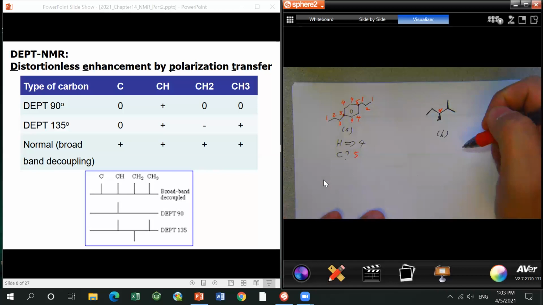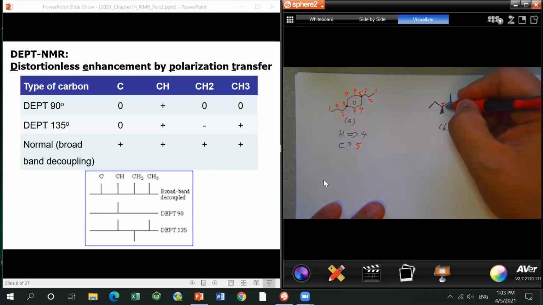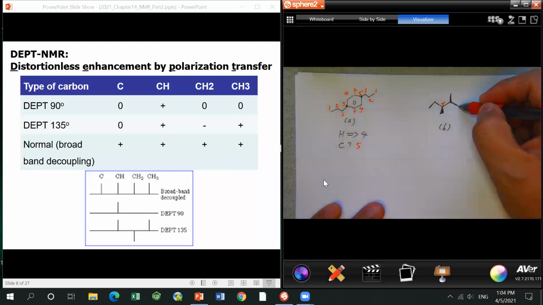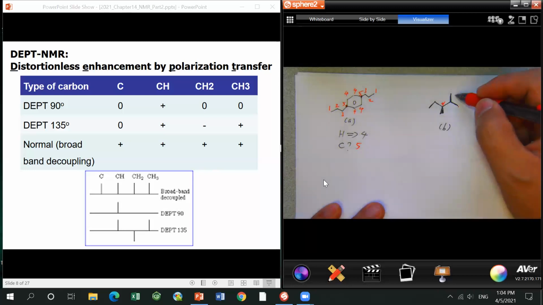And then for the second one, there is a chiral center. Similar to proton NMR, if there's a chiral center, the two hydrogens on the same carbon of the OCH2 will show different chemical shifts, because they become diastereotopic. Similarly, these two methyls will show different chemical shifts because they become diastereotopic.